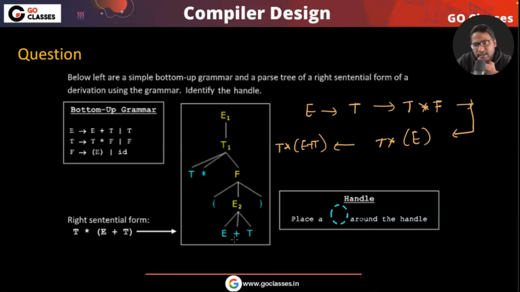This E plus T, right? E gives E plus T. So if you want to place a circle, then this is the circle, right? That is the answer. So E gives E plus T.